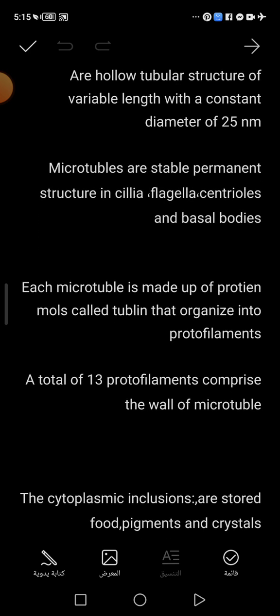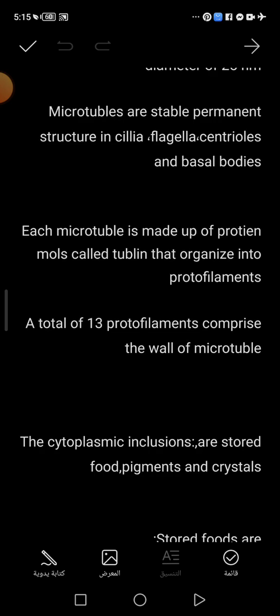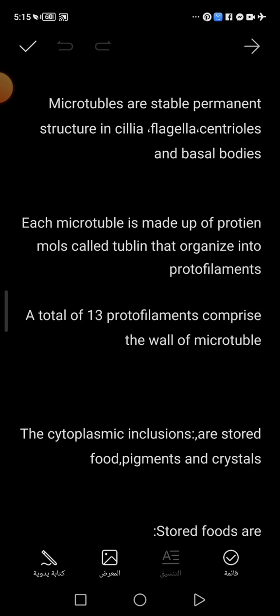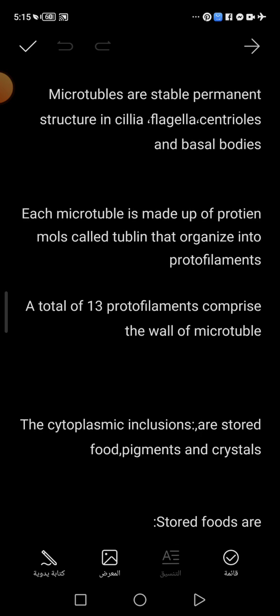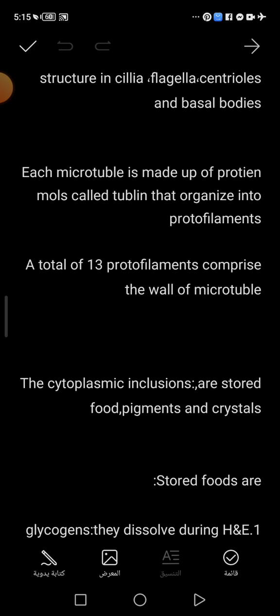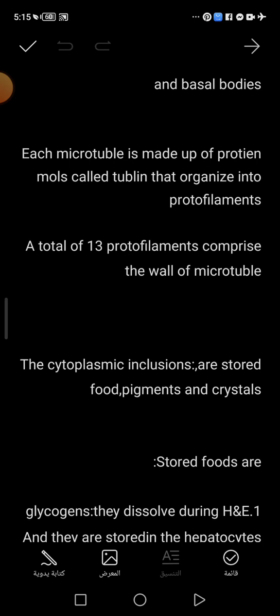Each microtubule is made up of a protein called tubulin, alpha and beta, which organizes into protofilaments. A total of 13 protofilaments comprise the wall of the microtubule. Comprise means it makes up the wall of the microtubule. The number 13 is important for the exam.